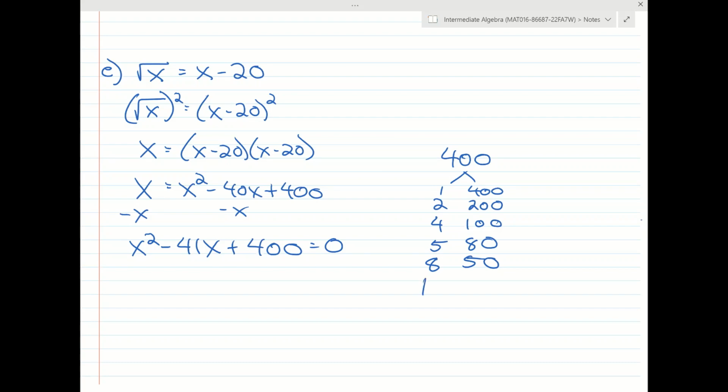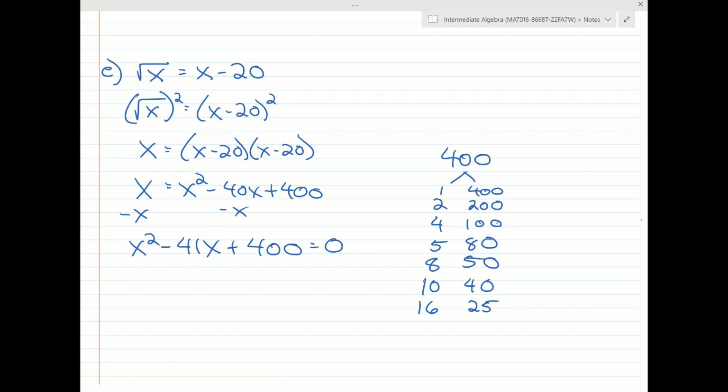And then 40. No. What else? 400 divided by 12. No. It is possible. It's just, I wish the numbers weren't so big. 16 and 25. And those add together to be 41.